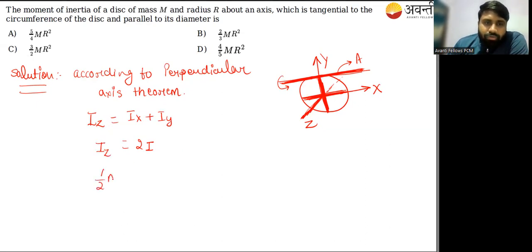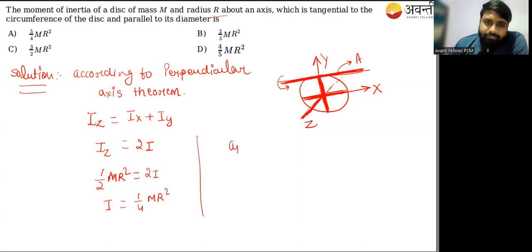It is 1 by 2 times MR square because this is the center of the disk. So the moment of inertia about the center is half MR square, if the radius is r and mass is capital M, which are given to you. Since 2 times I equals that, I will become 1 by 4 times MR square.